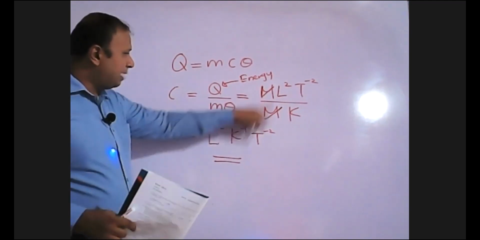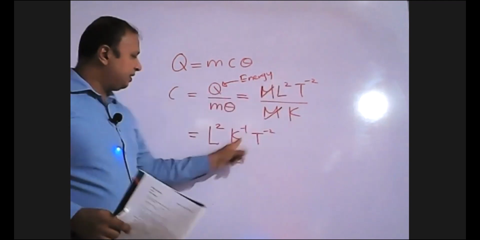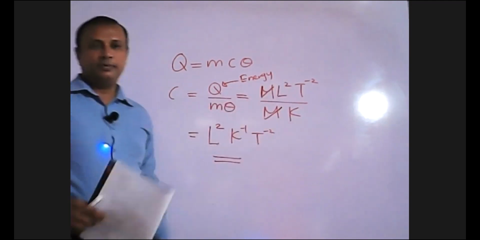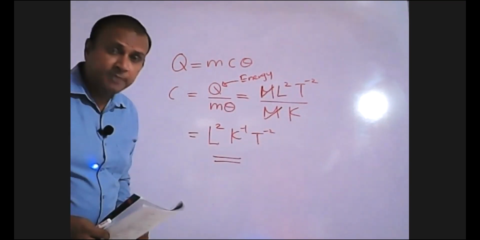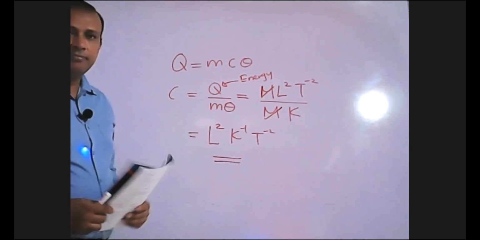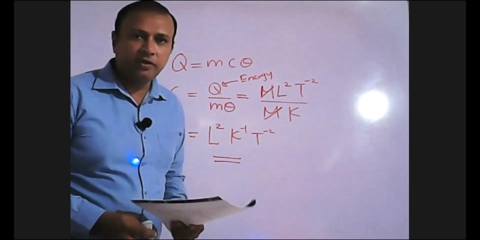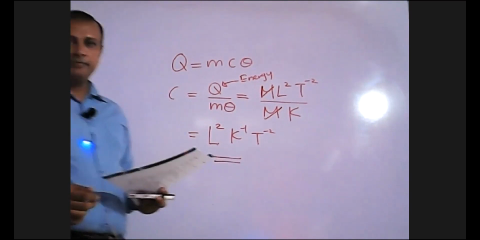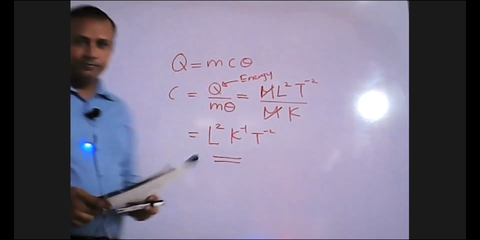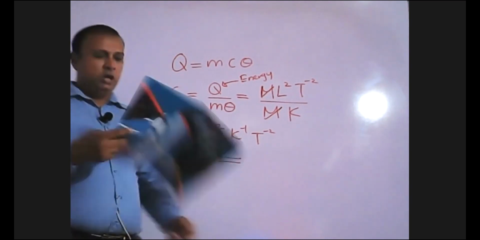M will be cancelled out. L squared K minus 1 T minus 2. Did you get my point? I want your response. Very good, very good. Thank you.